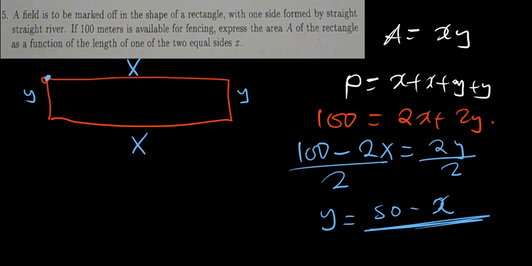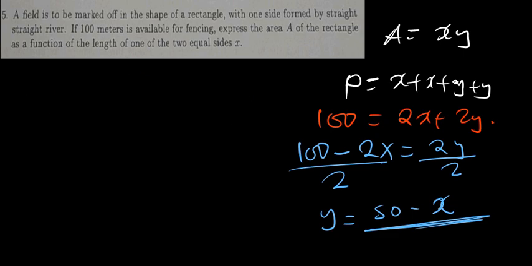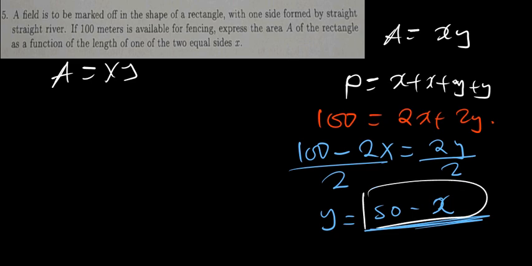Yeah, so now allow me to get rid of this. We are saying A is equal to xy. Where there is y, put this, meaning y has disappeared and x will appear. So A as a function of x will be equal to x, where there is y, put 50 minus x.